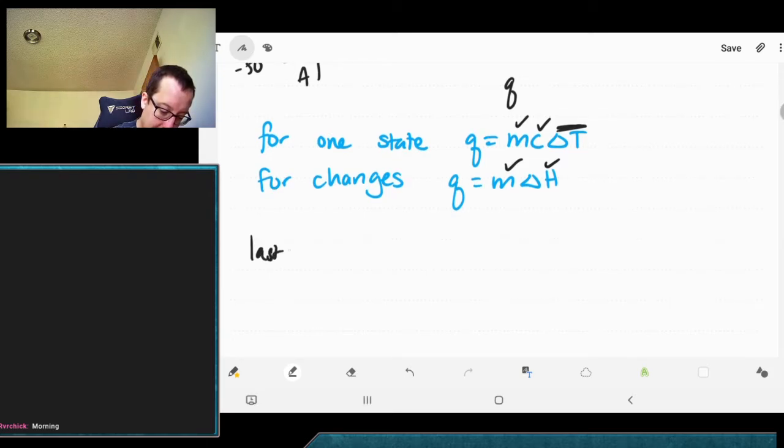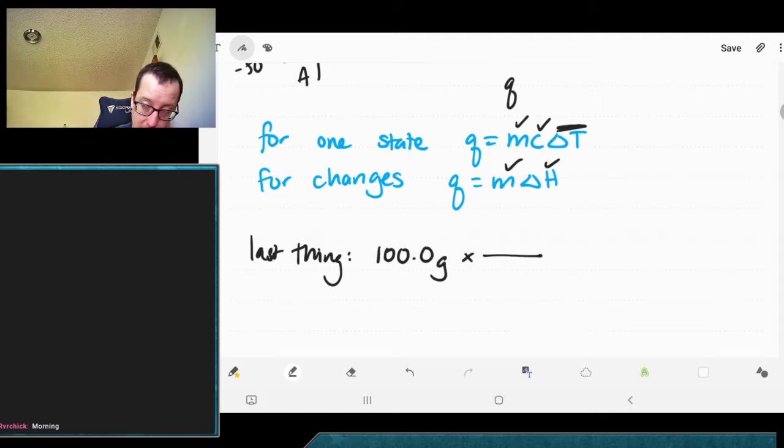Last thing, the M needs to be in moles because all of our conversion factors are in moles. So let's take that 100 grams. Benzene's molar mass, 12.01 times 6 plus 1.008 times 6, 78.1.